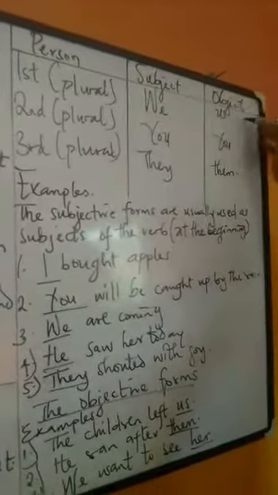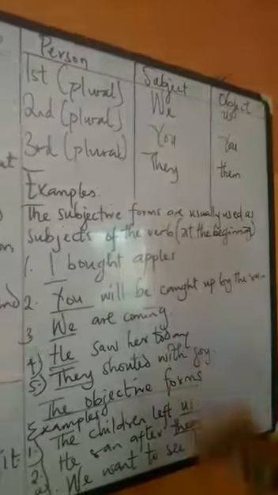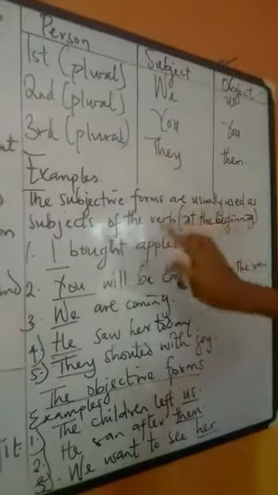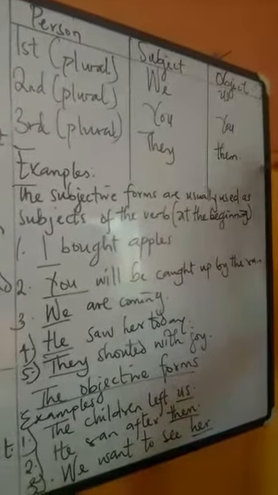First person plural: the subject form is we, and the object form is us. Second person plural, you and you. Then the third person plural, they and them.